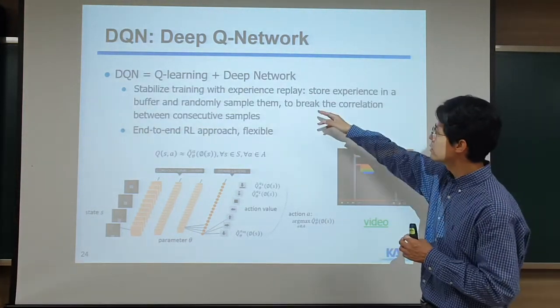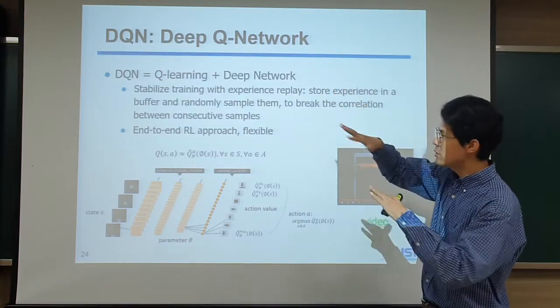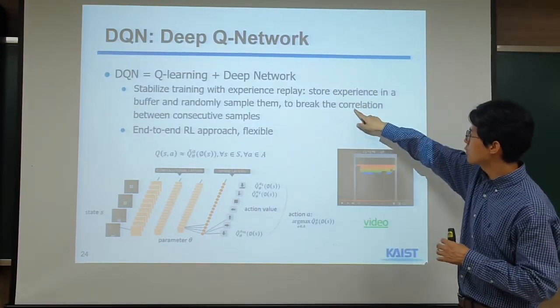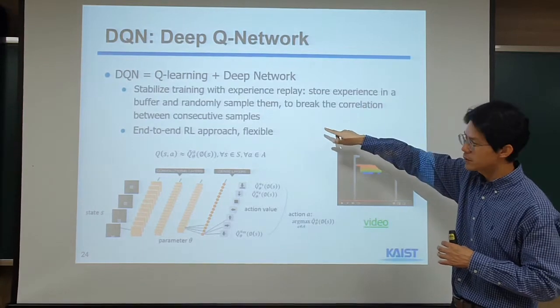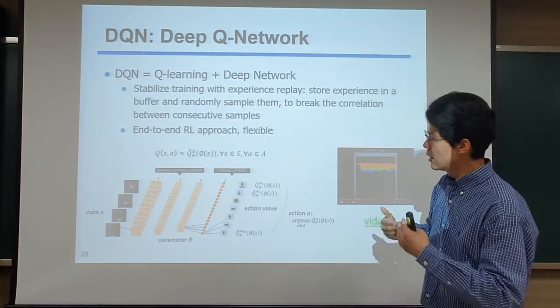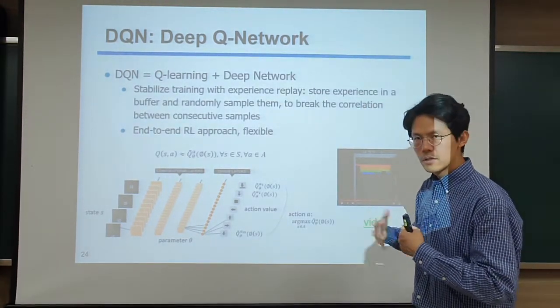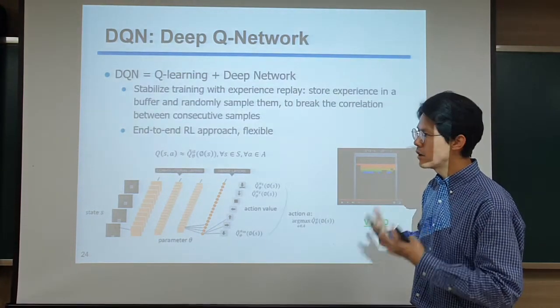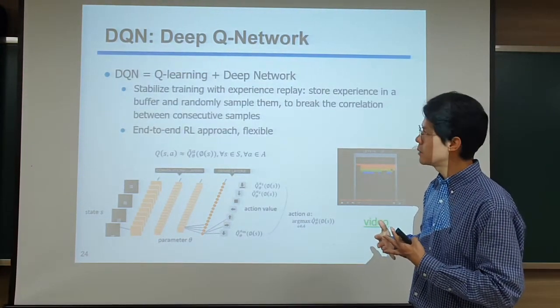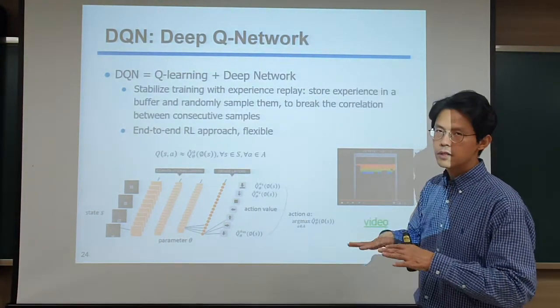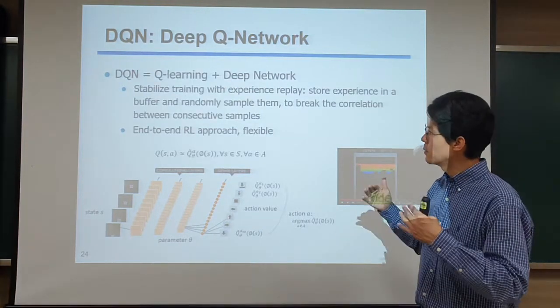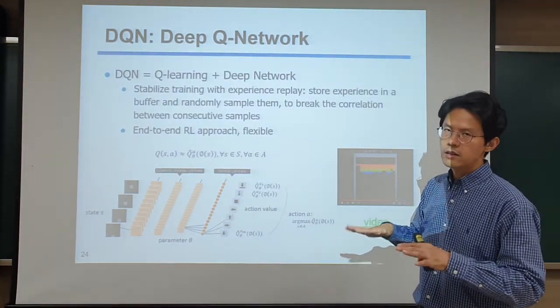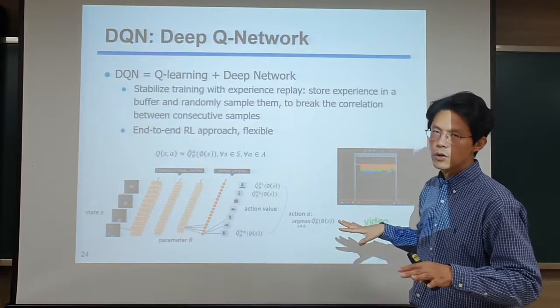It has been known that by randomly sampling those actions, we can break the correlation between consecutive samples, right? A lot of machine learning and learning techniques assume the IID case. Under the IID assumption, we don't have any correlation.